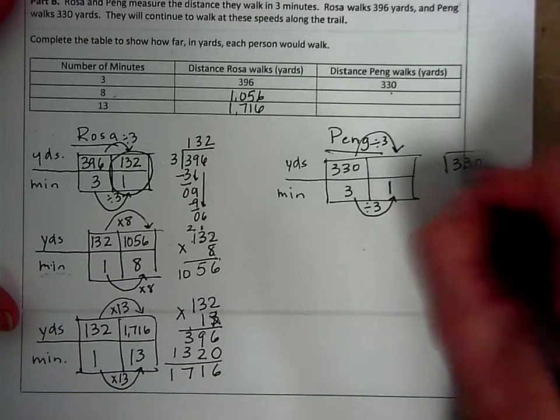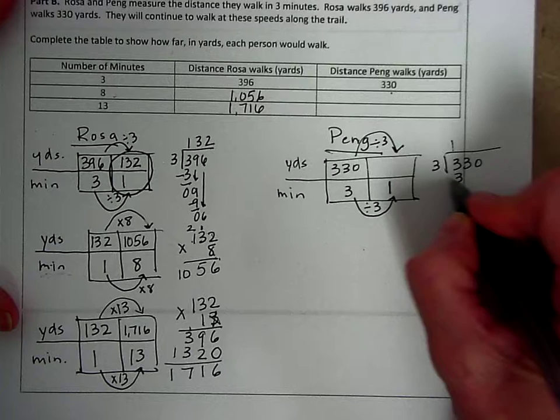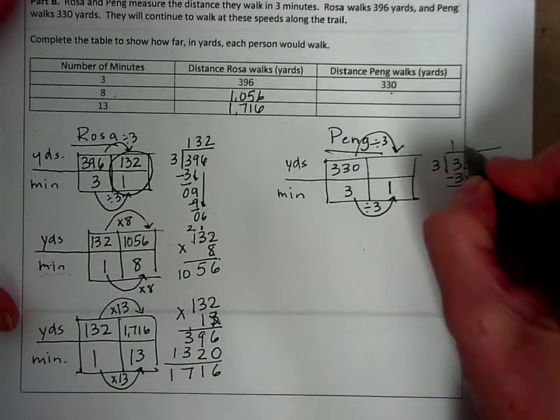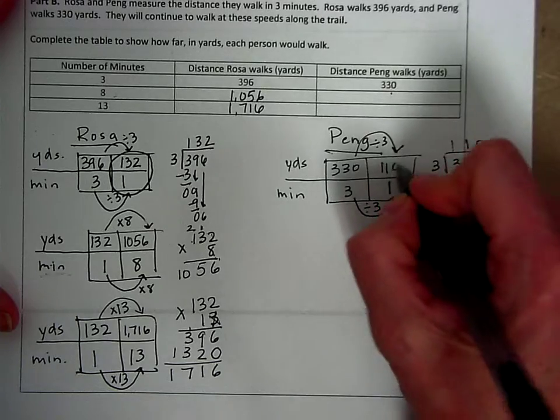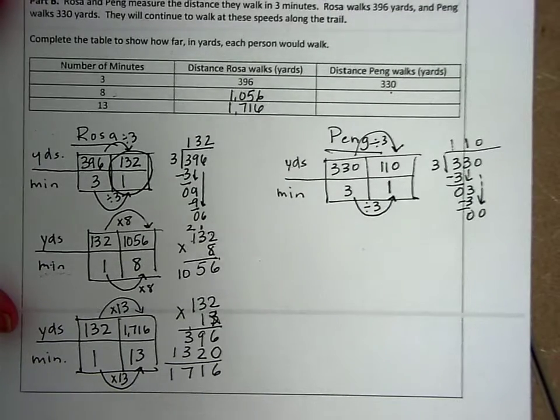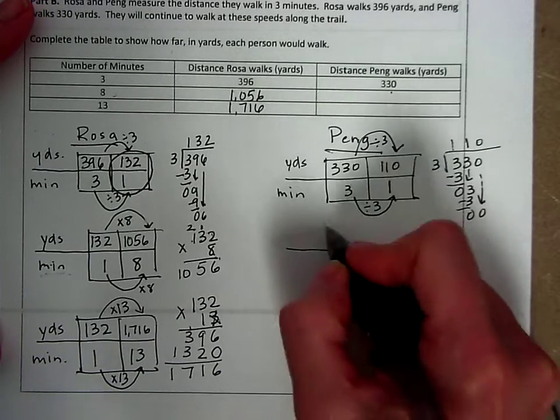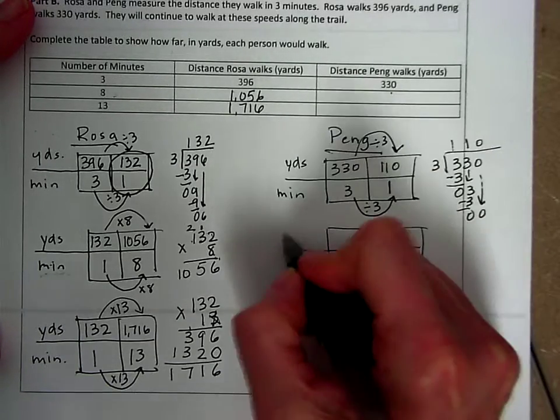So 330 divided by 3 is 110 yards. So she walked 110 yards in 1 minute. So we are going to use that unit rate to solve the rest of this table.